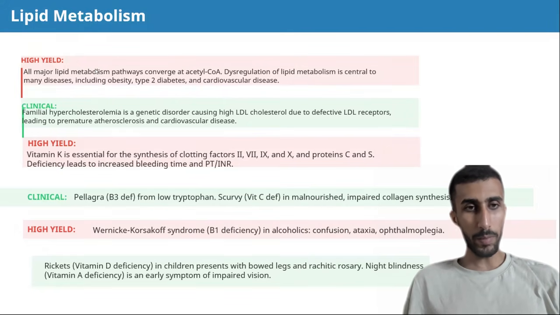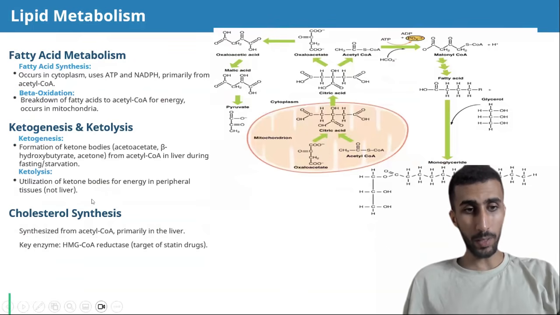So remember, all major lipid metabolisms converge on acetyl CoA. For example, fatty acid synthesis starts with acetyl CoA, then the citrate shuttle, and finally acetyl CoA carboxylase. Beta oxidation is also involved: the fatty acids are broken down into acetyl CoA, and ketogenesis starts with acetyl CoA.